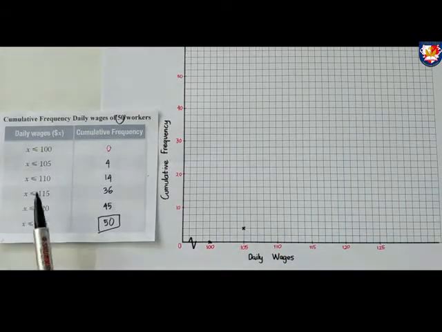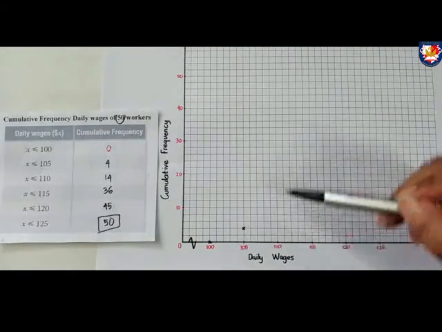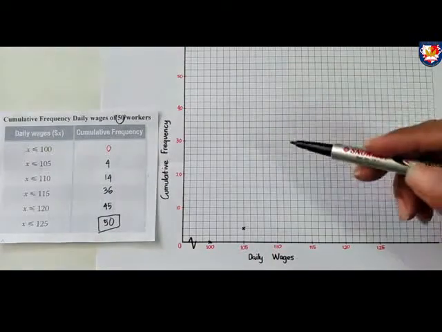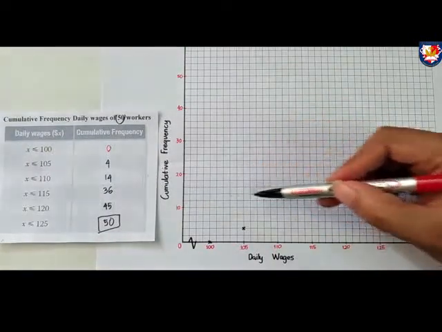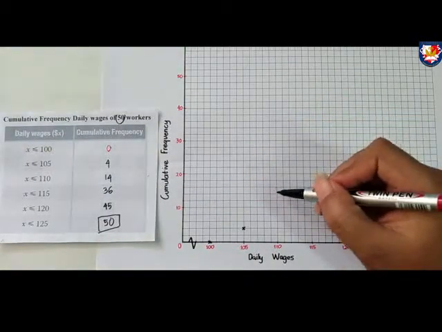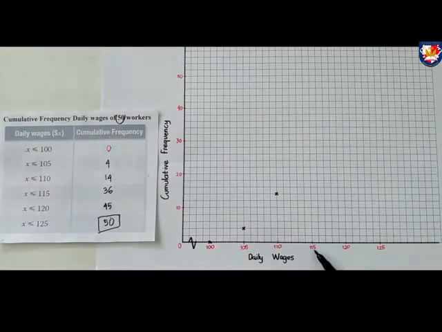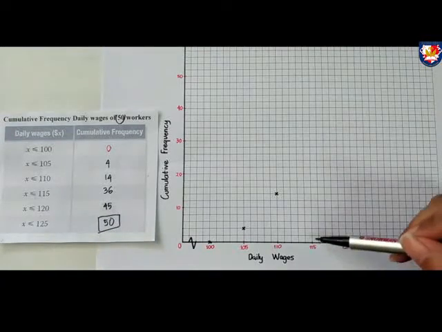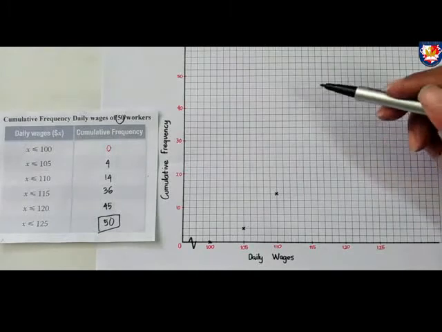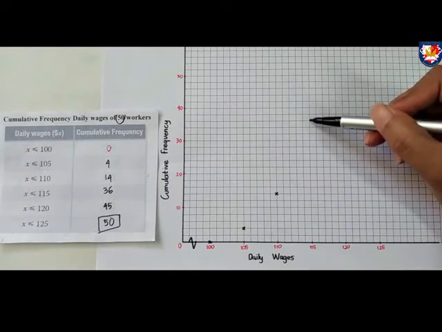Okay, next for 110 it is 14. It's around here. 115 is equal to 36. Where's 36? It's around here.